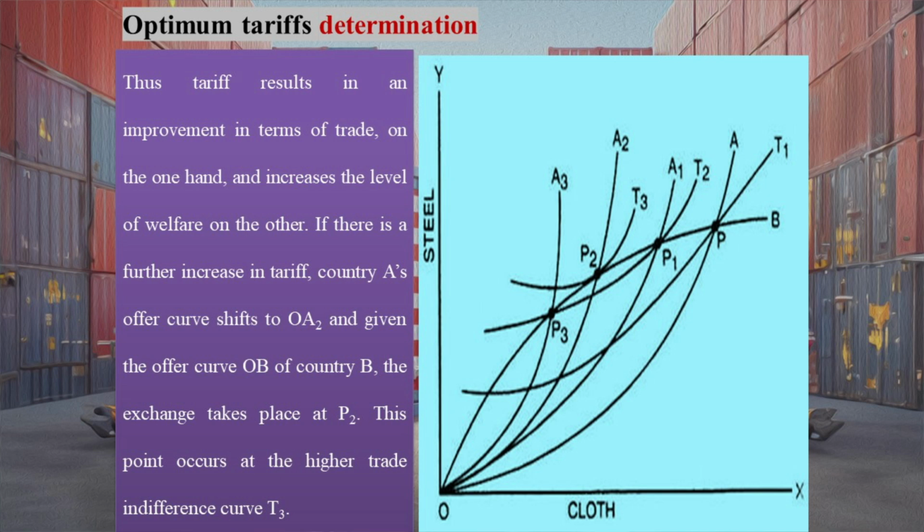This point occurs at the higher trade indifference curve T3. So if tariff increases again, it will move to OA2, and similarly for B it will be at point P2, and the trade indifference curve will be T3.